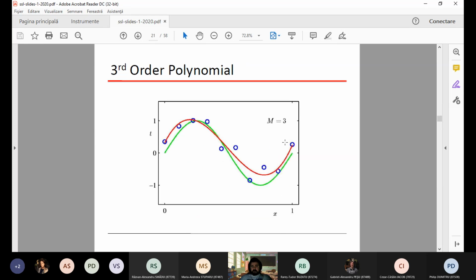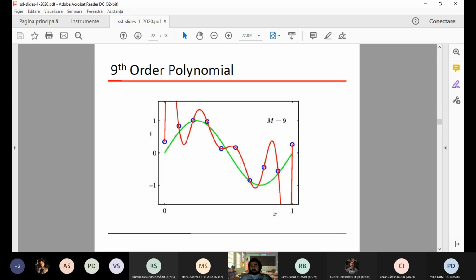You have a spline. Here you have underfitting. Again, it's still underfitting. Here you have a good estimator. But when you get here, you have a spline that will get exactly through all the points, okay?